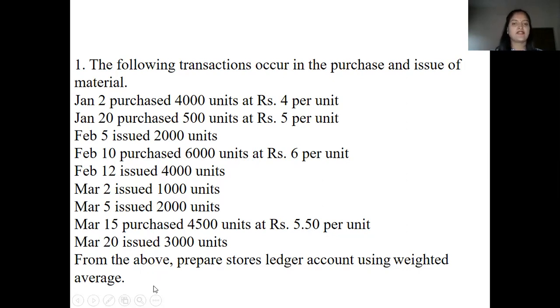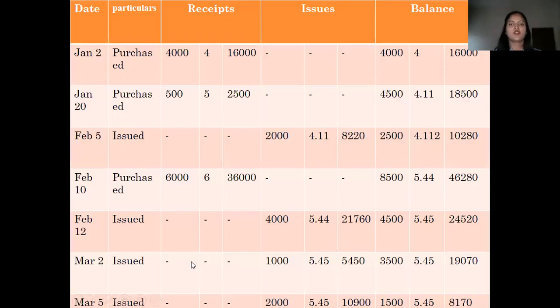See, in the weighted average method, as I told you, the total should be divided by the stock you have purchased. The format is the same, there is no change. Take date, particulars, receipts, issues, and the balance. Look at the problem here.